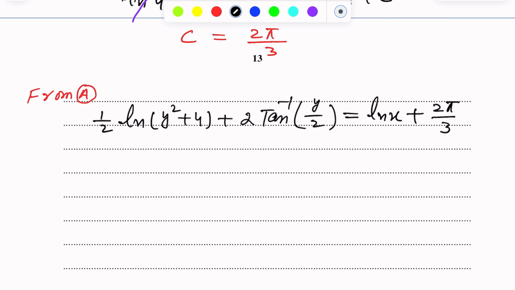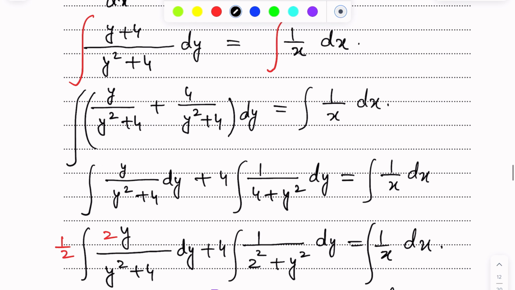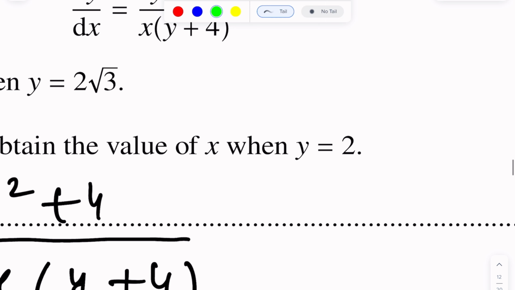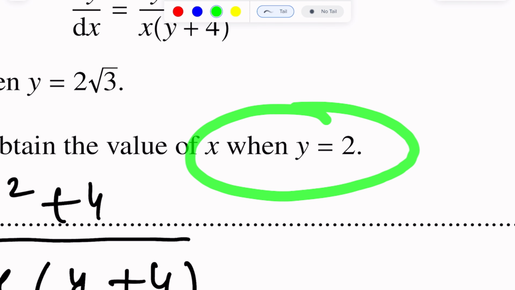Now actually we have to find the value of x when y is equal to 2.